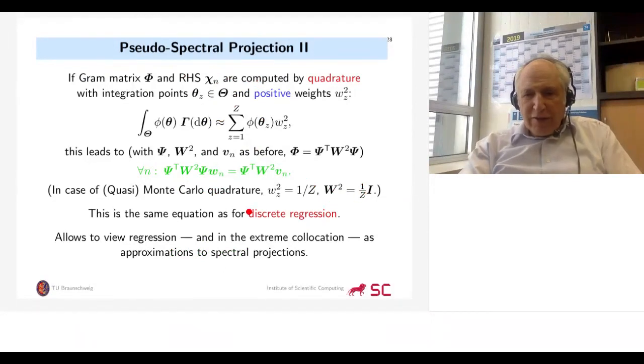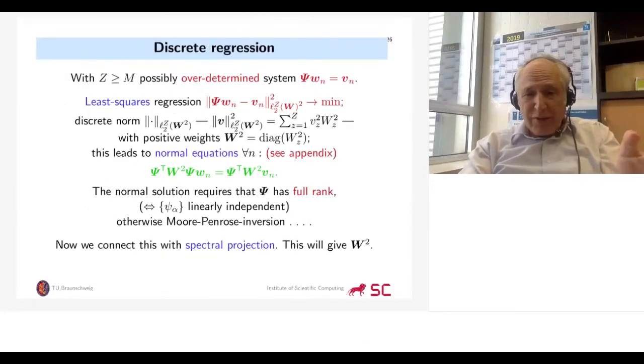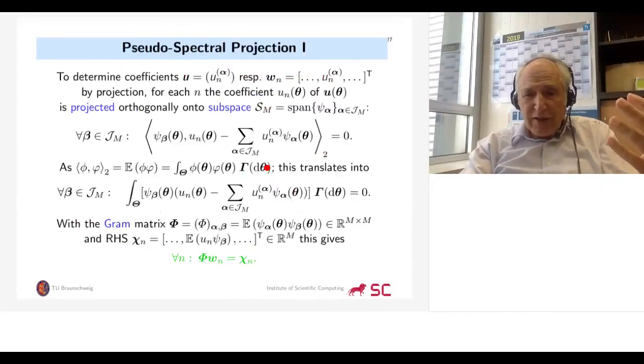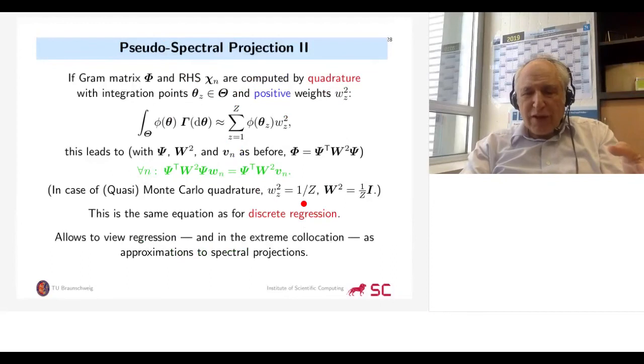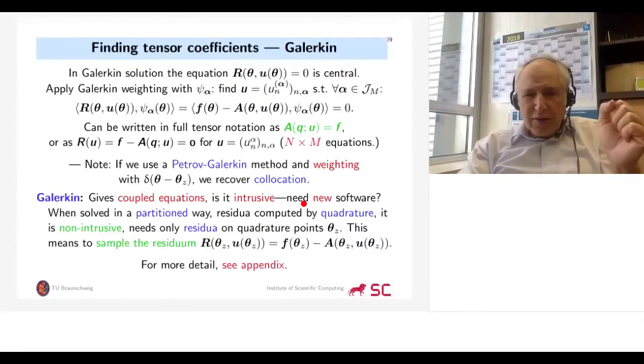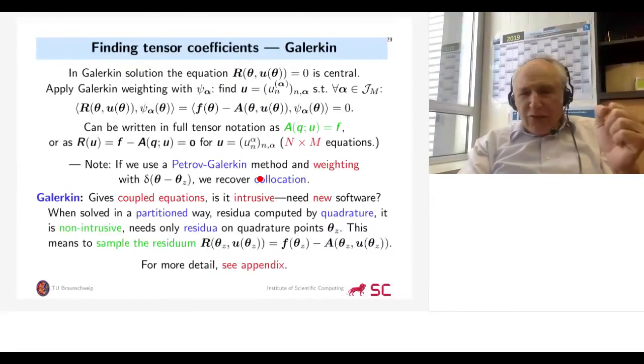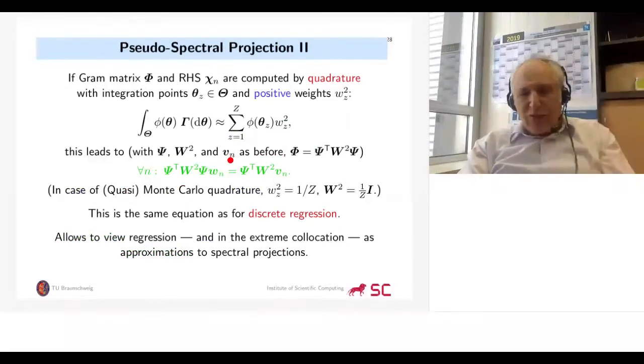So this is the same equation as for discrete regression. We can view regression in an extreme case as collocation. Remember, if Z is equal to N, then all these matrices are nonsingular, and then it's exactly just collocation, which we had here. We can see them all as approximations to spectral projection, because this is really the best thing to do, orthogonal projection.